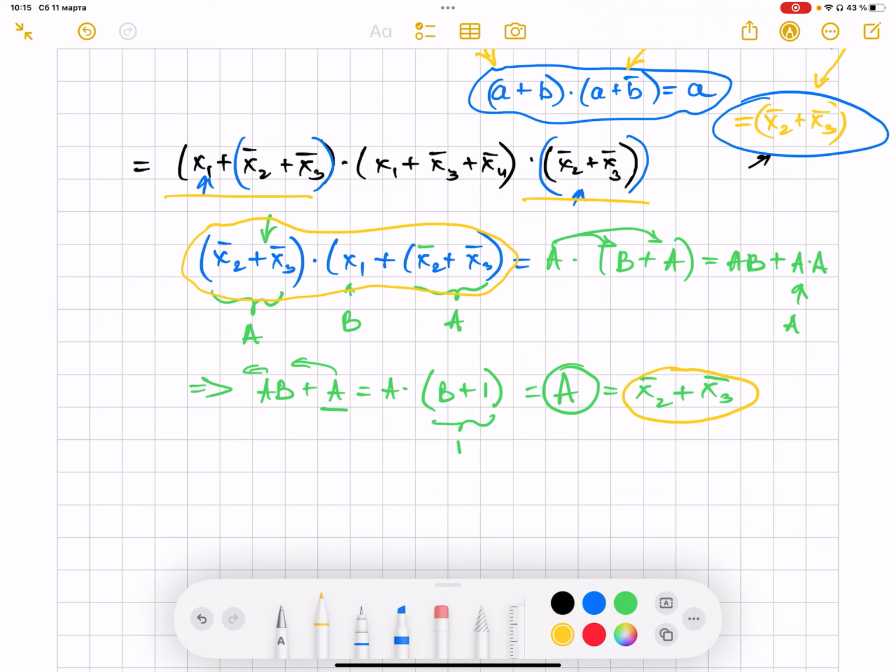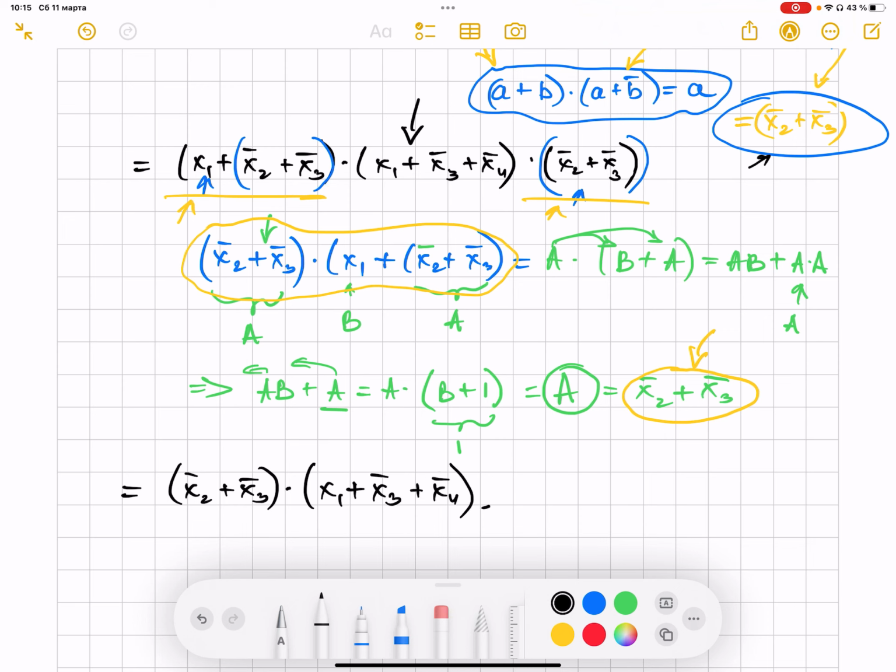So I'm going to substitute these two elements with this one. Let me write it here. Instead of these two elements, I'm going to write just x2 bar plus x3 bar, and I'm multiplying it by this one, right? I haven't touched it: x1 plus x3 bar x4 bar.